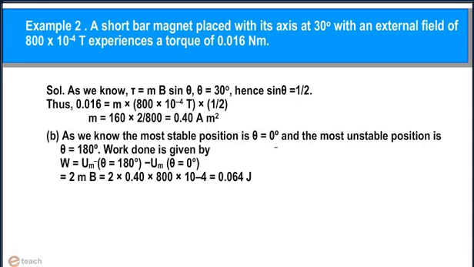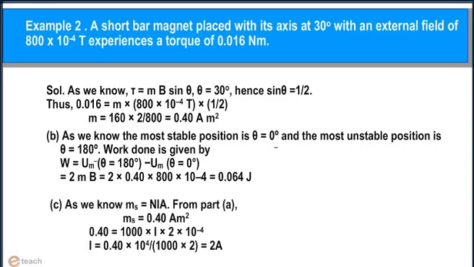So work done is given by Um for theta equal to 180 degree minus Um for theta equal to 0 degree, and it comes out to be 0.064 joule. C. As we know, M s is equal to N I A. From part A, M s is 0.4. Therefore, I comes out to be equal to 2 ampere.